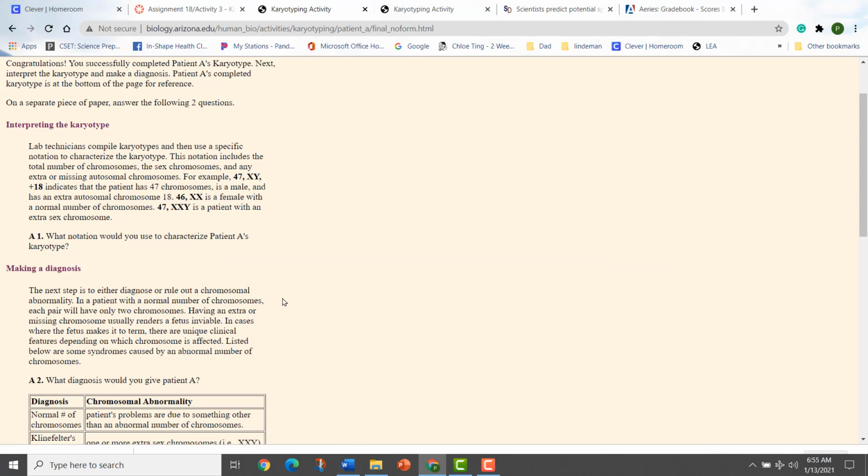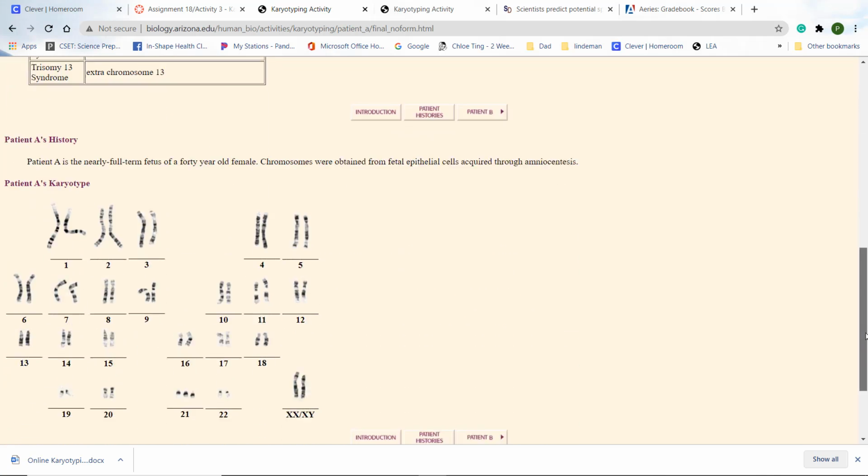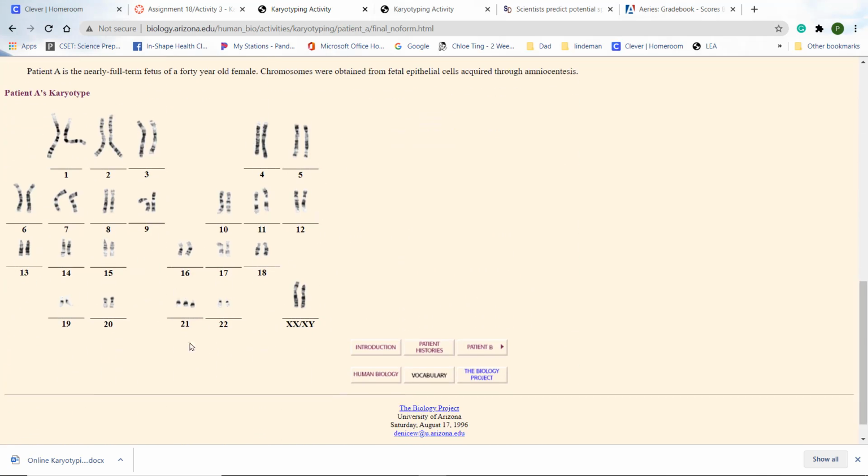What you would do then is go down and see where it is. These guys have 47 chromosomes because there's 1 extra, and they are XX. If it was XY, this chromosome would be really small. X is big, Y is a really tiny chromosome, so they are female.